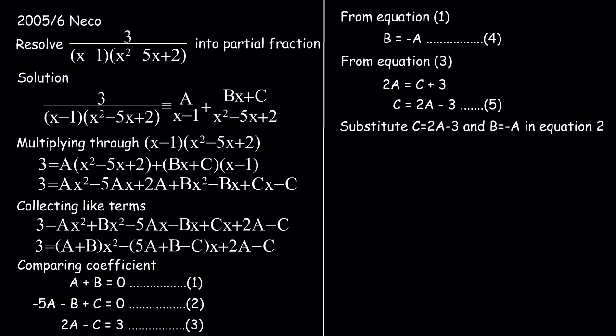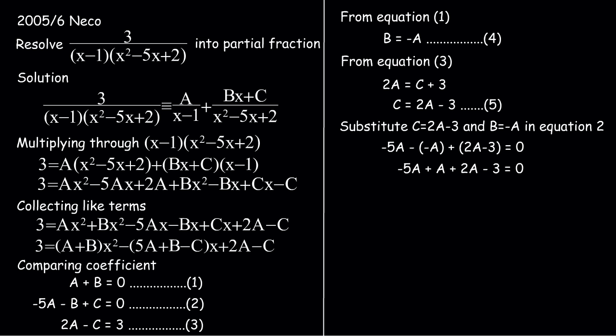Now substitute c equals to 2a minus 3 and b equals to minus a in equation 2, and when we do this, equation 2 becomes minus 5a minus (minus a) plus (2a minus 3) equals 0. Expanding our brackets, it becomes minus 5a plus a plus 2a minus 3 equals 0.